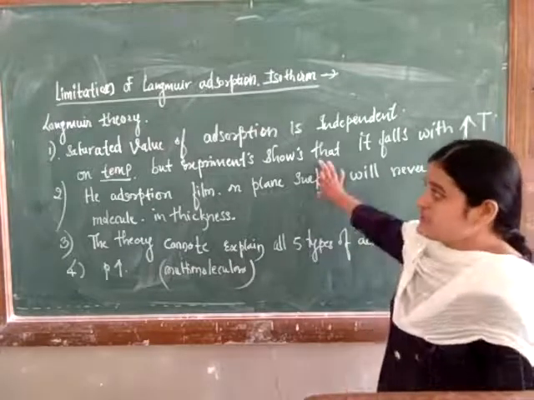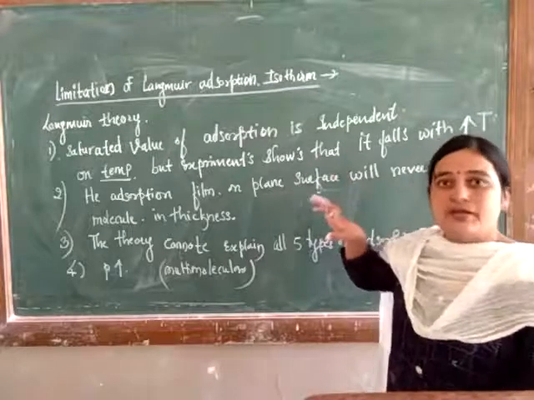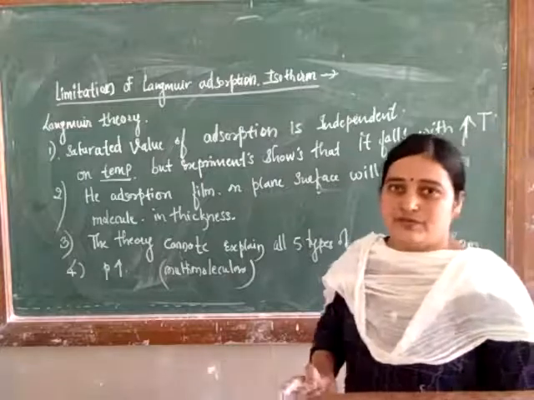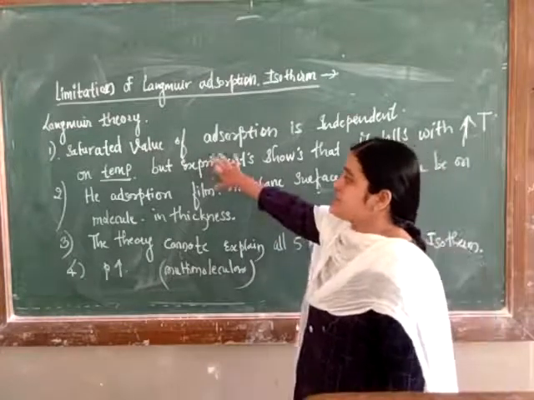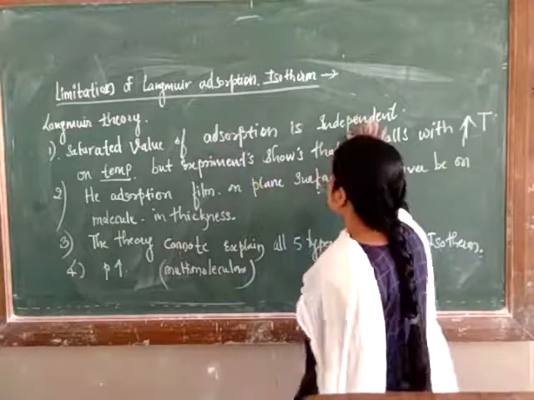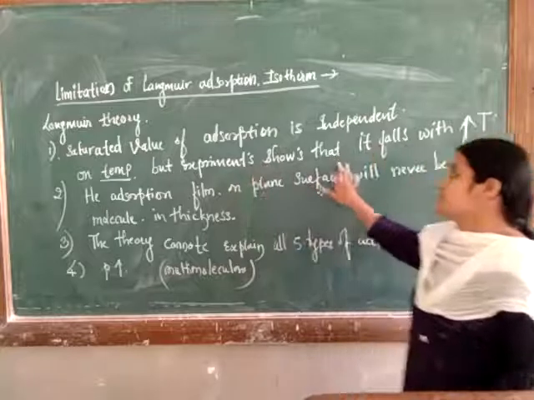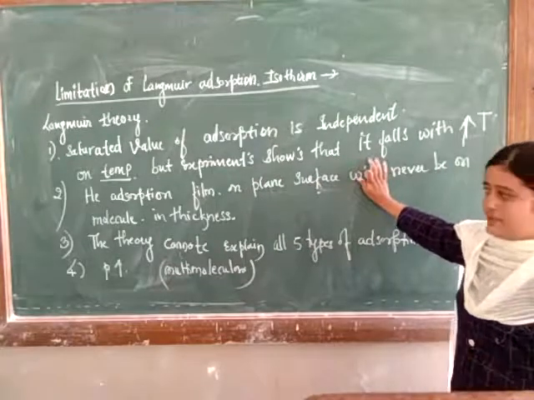Then, in the limitations part, we already saw what Langmuir explained: when the saturation point is reached, physical and chemical adsorption take place satisfactorily. But he fails to explain that the saturated value of adsorption is independent of temperature, whereas experiment shows that the saturated value changes when you increase the temperature.